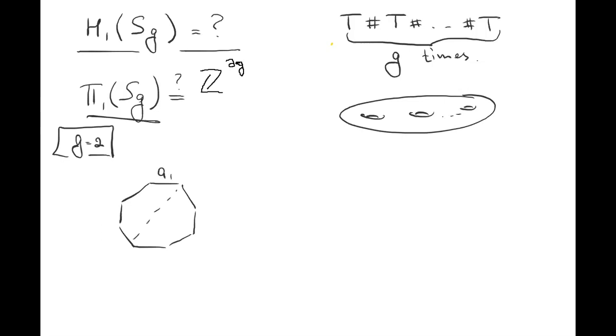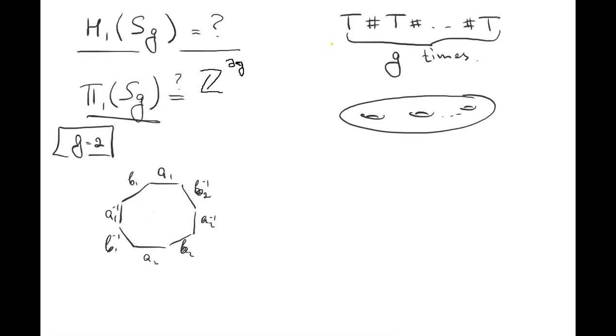So this is A1, A1 minus 1, B1, B1 minus 1. Here we have A2, B2, A2 minus 1, B2 minus 1. Okay, so this is my cellular structure of this guy.